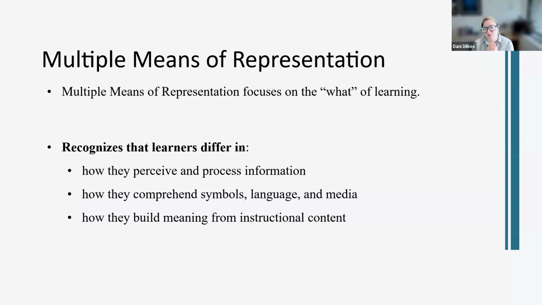Another consideration for multiple means of representation is thinking about the language that we use and making sure that we use language and symbols that are culturally inclusive. So it might be something like avoiding culturally specific anecdotes. I tend to often refer to, I'm getting old, TV shows of my teens, which nobody knows about anymore, but avoiding those cultural references is a part of this.